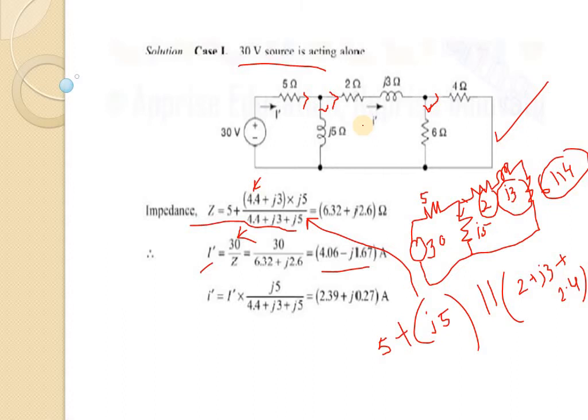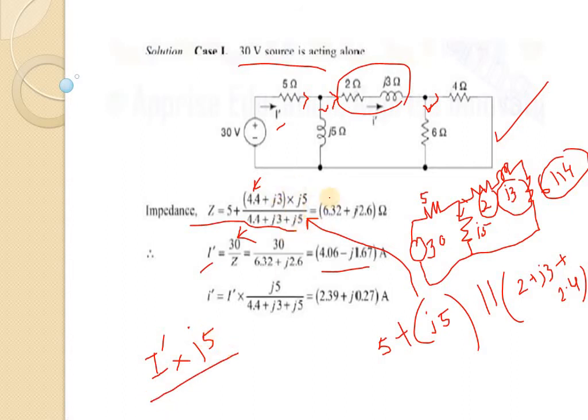Definitely the current divider rule tells that total current multiplied with the opposite parallel resistance. So here the total current is I dash. I dash into, we have to calculate the current through this branch, that means the opposite parallel is j5, so we will multiply this with j5, divided by the total resistance present.